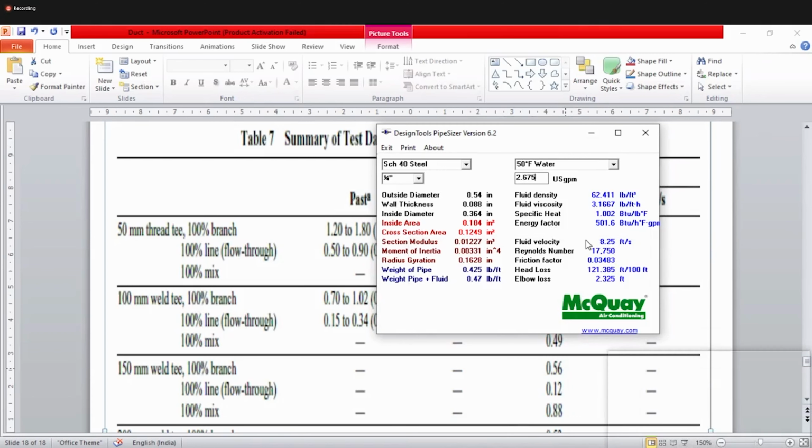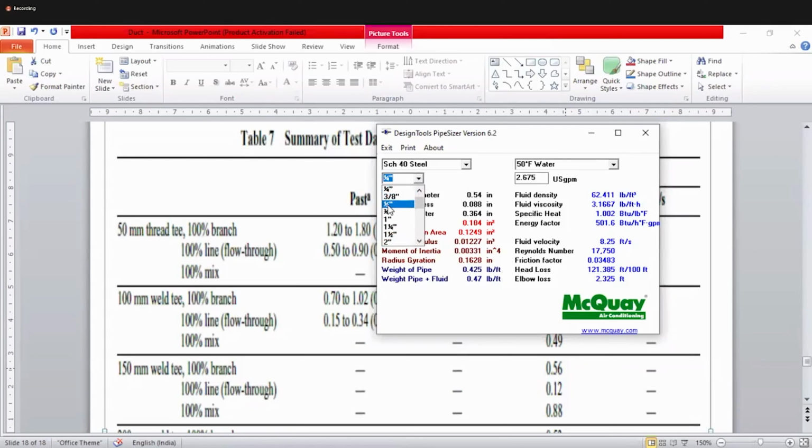So what is here? It's exceeding 4 feet per second, here it is 8.25. The velocity should not exceed 4 feet per second, and the head loss also should not exceed 4 feet per 100 feet. So we will change the pipe size.